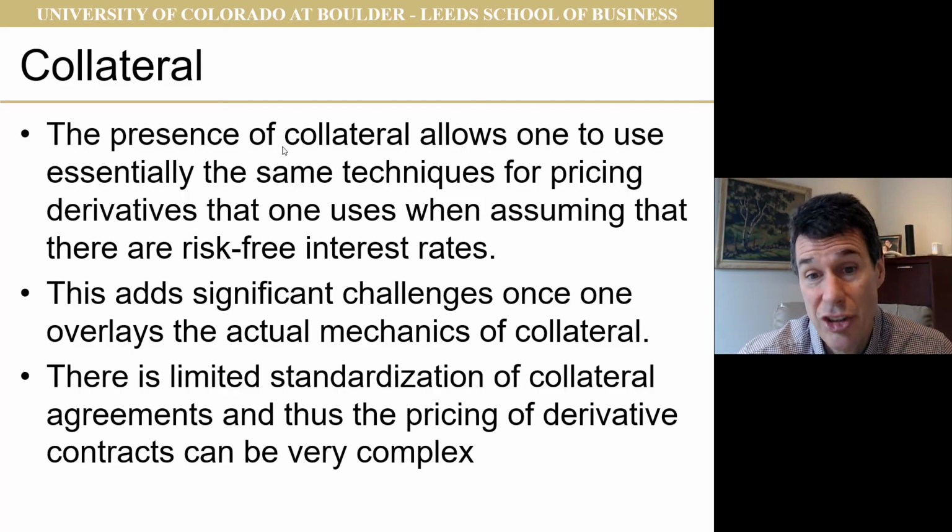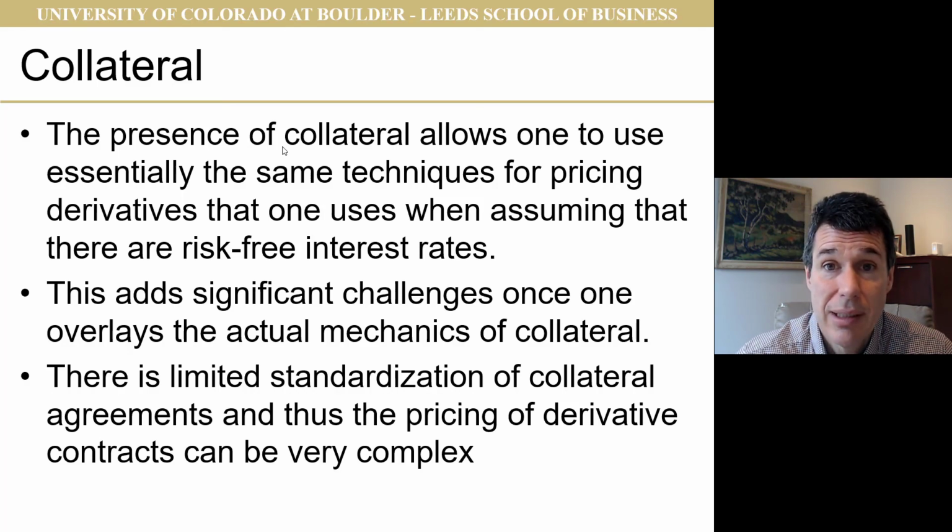I could probably teach an entire year's course on different ways to think about collateral and how it affects the pricing of derivatives. In the first instance, under certain pretty constrained assumptions, we can simply replace the risk-free interest rate by the interest rate that's paid on the collateral.